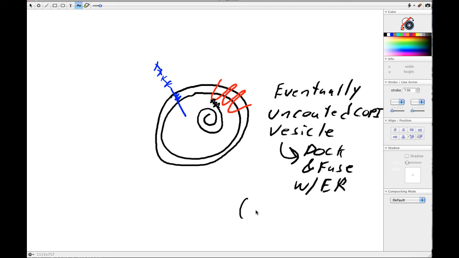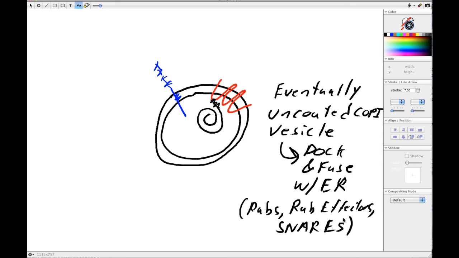And this occurs via RABs, RAB effectors, and SNAREs, the appropriate SNAREs. There's all sorts of different V SNAREs and T SNAREs, and there's ones that are specific for this process as well, but we're not going to go into that detail. It's more important to understand how the COP1 coat forms and how the process of forming allows it to concentrate the proteins and recycle them back to the ER.